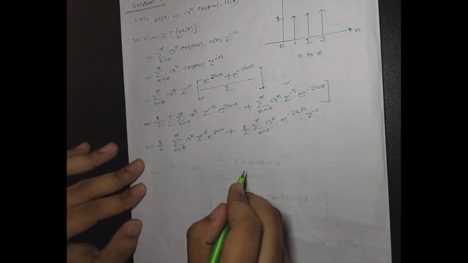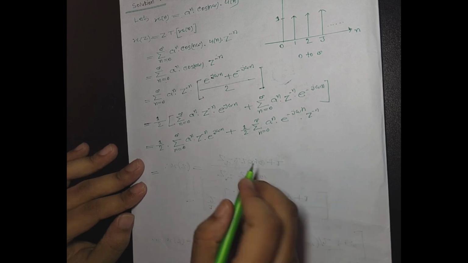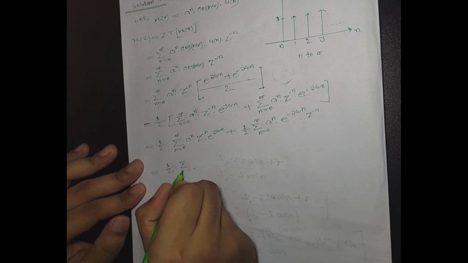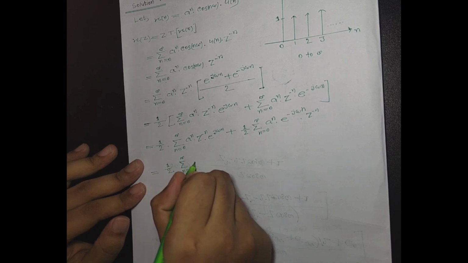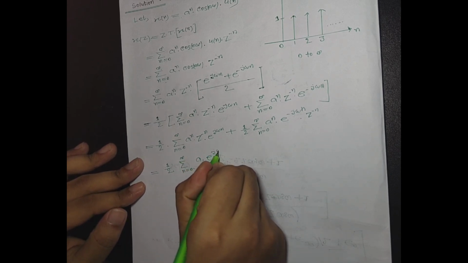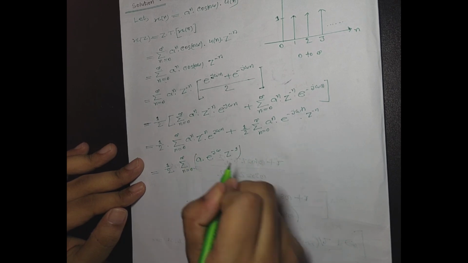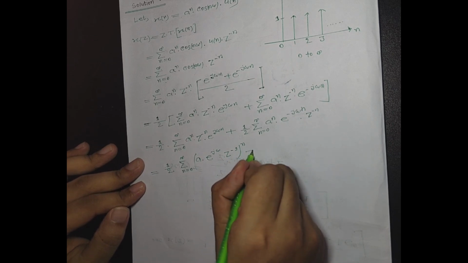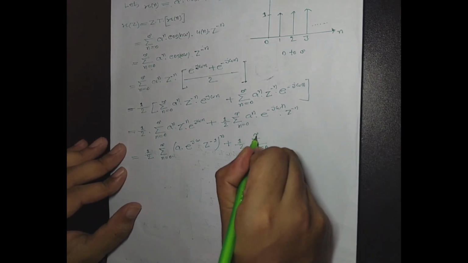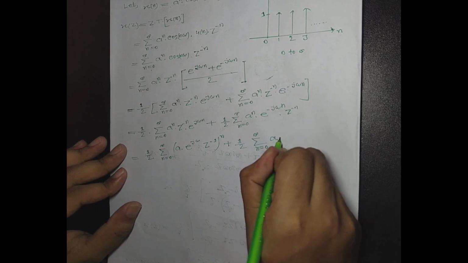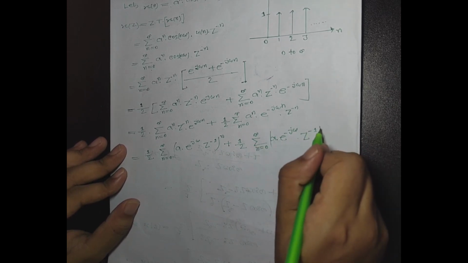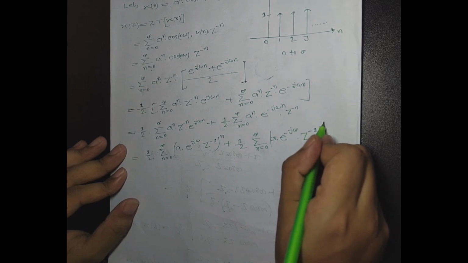Now we can write, from the line, summation n equal to 0 to infinity of (a e^(jω) z^(-1)) to the power n, plus half into summation n equal to 0 to infinity of (a e^(-jω) z^(-1)) to the power n.